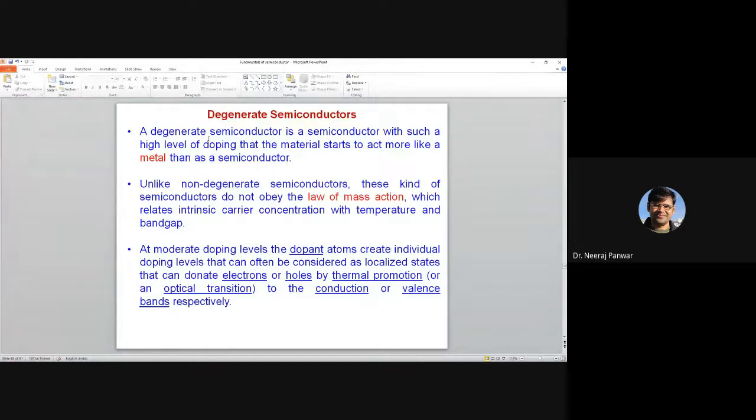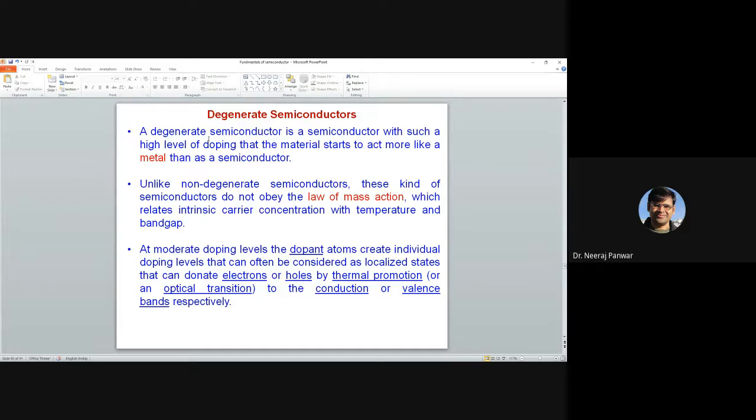For a degenerate semiconductor, the resistivity is proportional to temperature, like that for metals. These degenerate semiconductors do not obey the law of mass action, that is, the product of electron and hole concentration is equal to ni square.